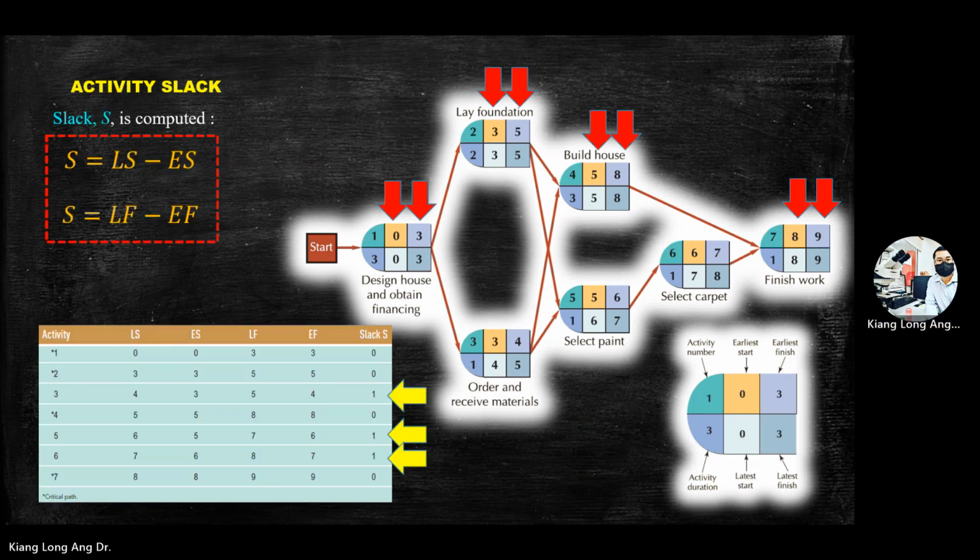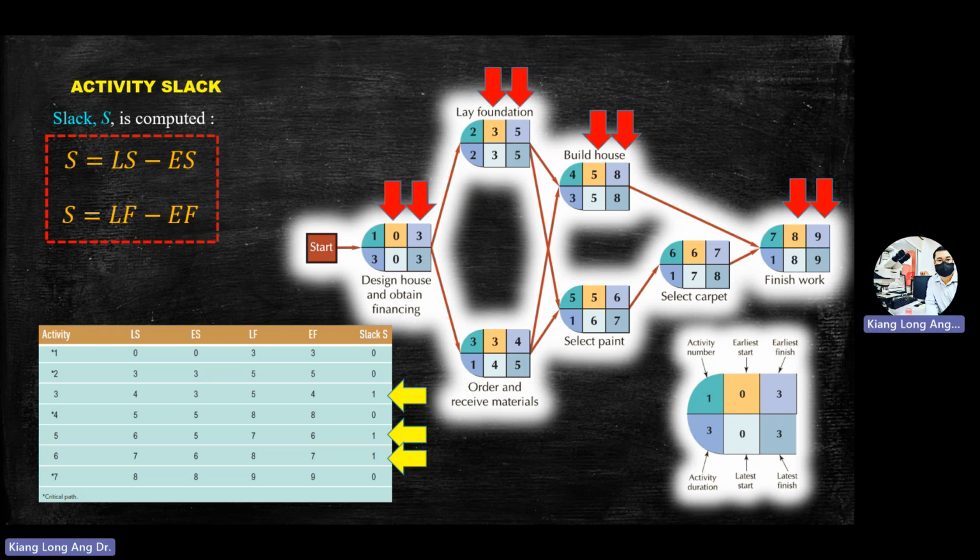Okay. So this is another table you can do. Another way of finding the critical path is when your slack time is always 0, then that is the critical path. So there are a few ways of determining the critical path. One, traditional calculation: find the longest time along the path.